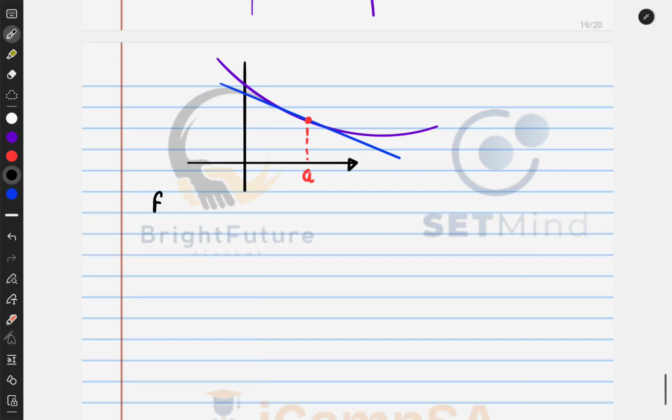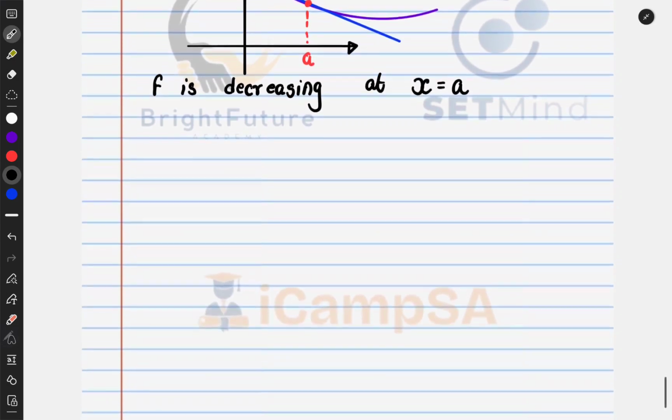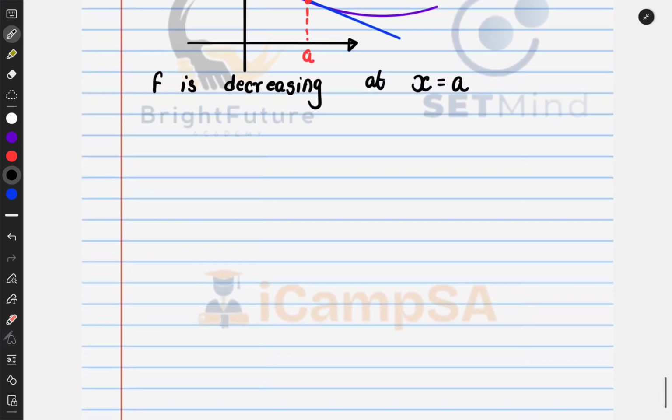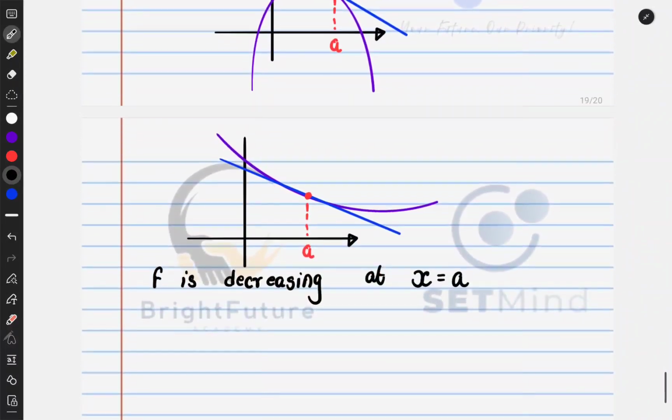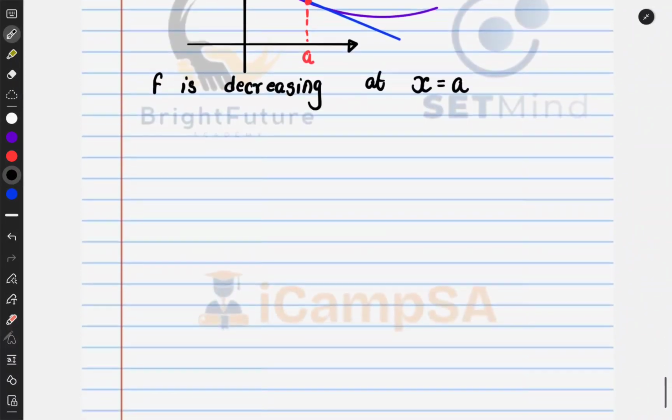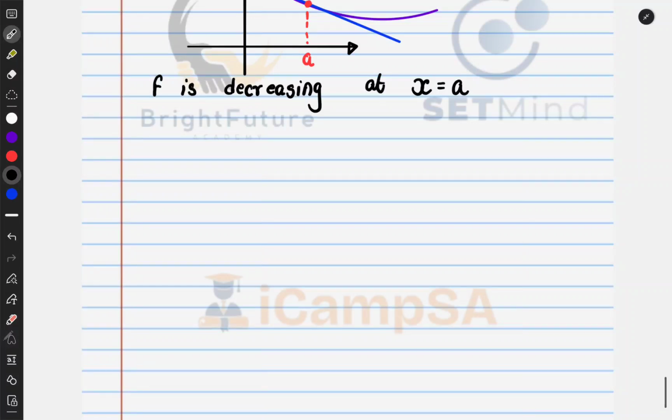So once again, f is decreasing at x is equal to a. Okay, and there you have it. And then this was number 4, let's name this now number 5.